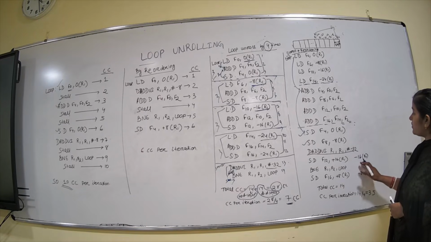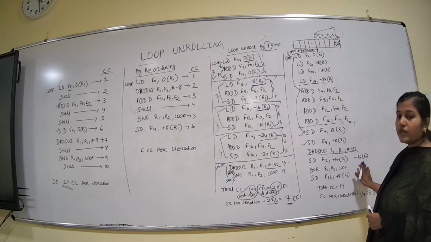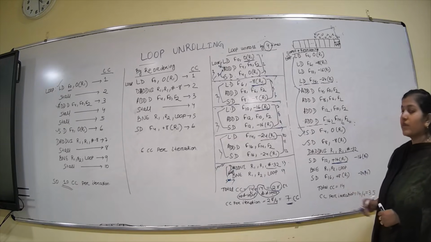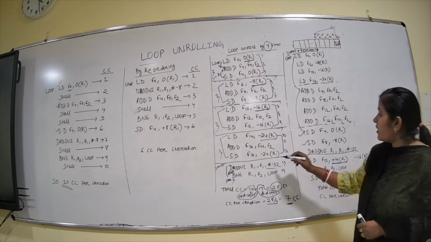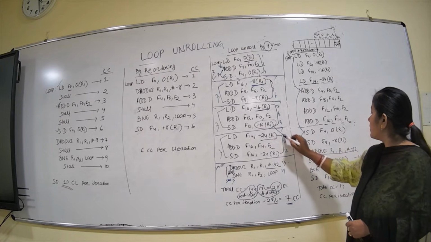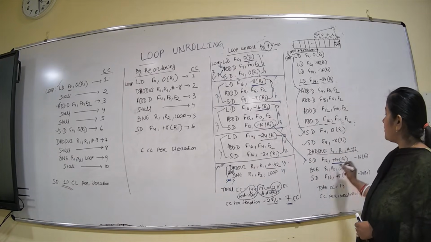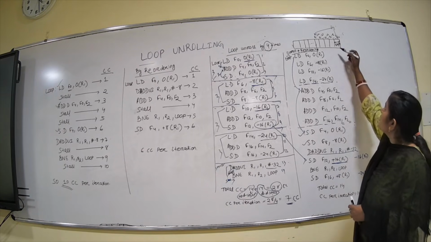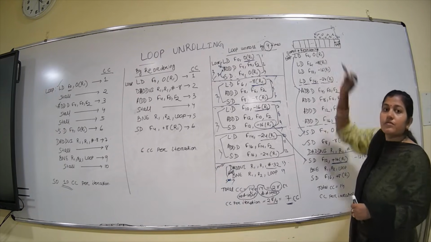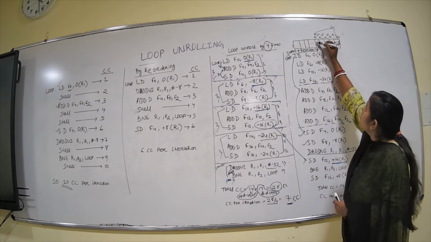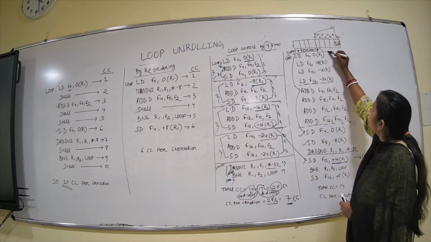So in place of minus 16 of R1, what will I write? Plus 16 of R1. Why am I writing plus 16 of R1? Because your R1 value is already decremented. So now R1 is pointing here and I want to access this one.